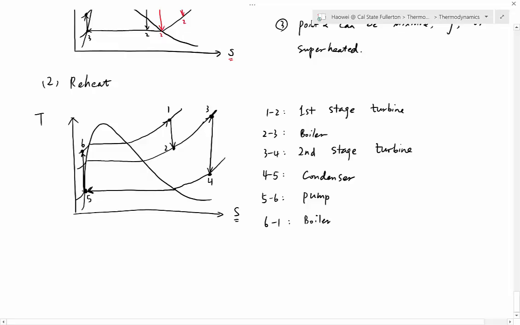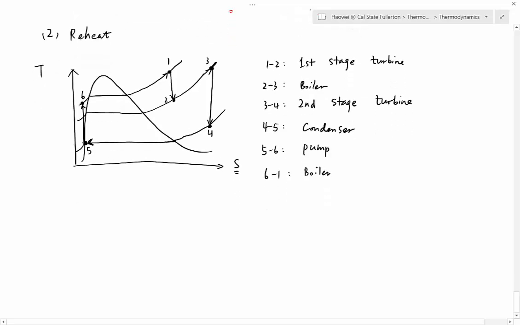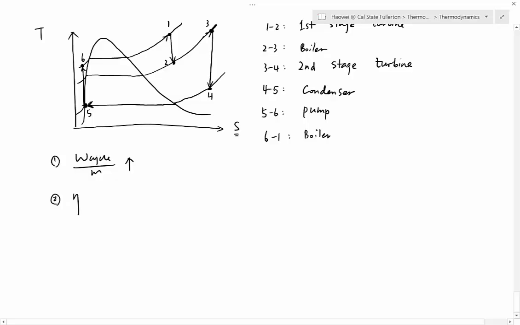So now in a reheat cycle, you have two turbines actually. What's going to happen is, first of all, W cycle per unit mass will become bigger. Why? Because the area of the enclosure is becoming bigger, and the area of the enclosure is equal to W cycle per unit mass. And second thing is efficiency will go up, just like before, because you're increasing Th.